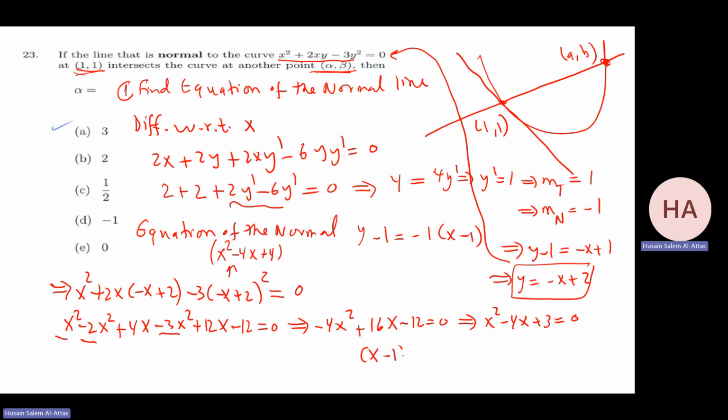So I have (x minus 1)(x minus 3) equals 0. Correct? So I have x equals 1 or x equals 3. This is the point. He told me I want the other point, another point. So x equals 3. Alpha equals 3, so the point will be 3 and beta. I need alpha. That's it.